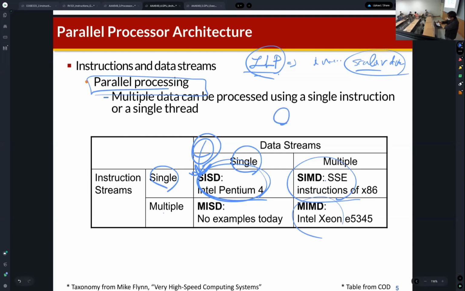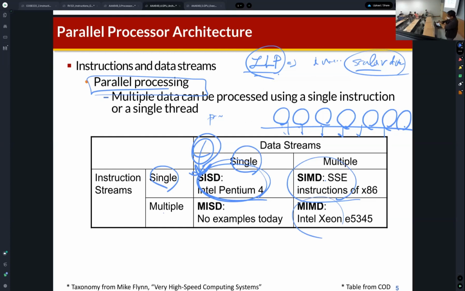If we increase the amount of data, the number of data elements like here, then we can increase the performance, because many data are executed concurrently.